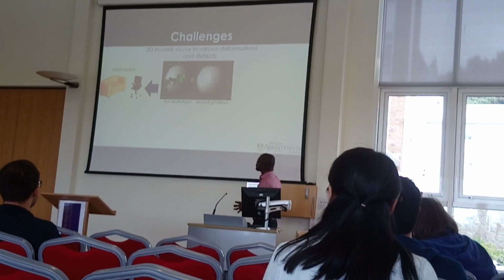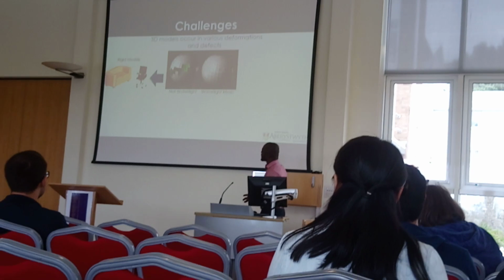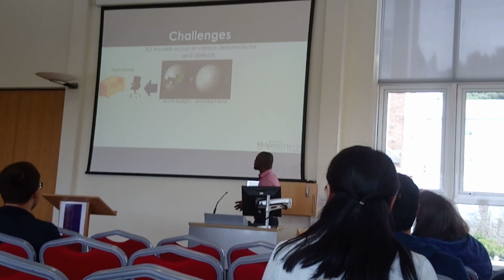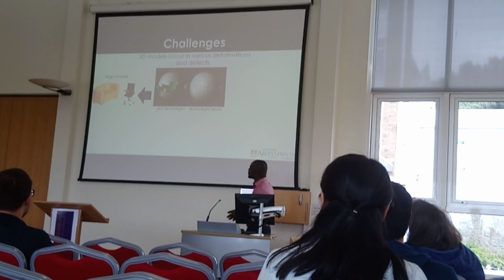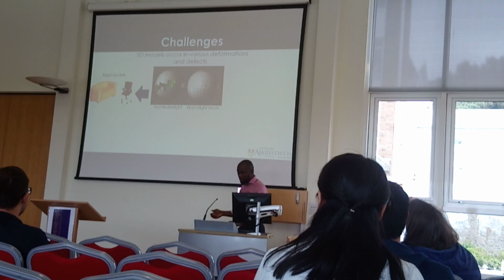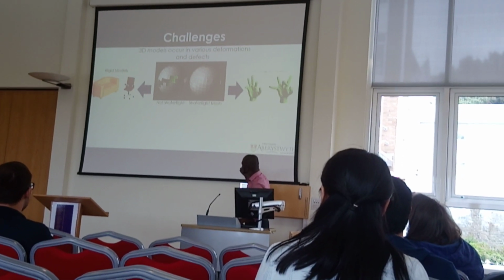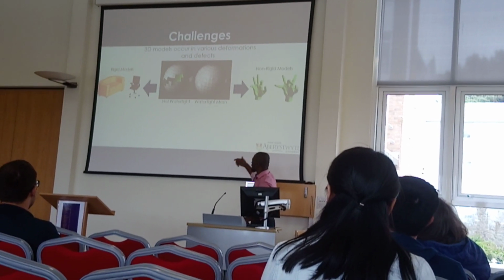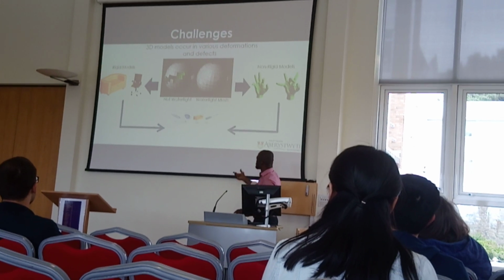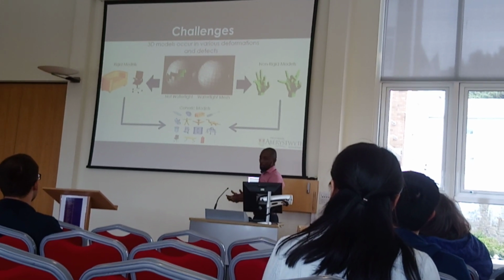But in this category, what is most important is that we have another kind of representation for our 3D models, which is the rigid models and the non-rigid models. And the combination of rigid and non-rigid models gives us the generic model.